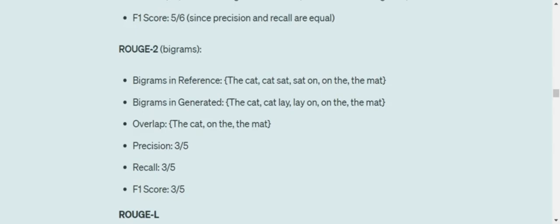We have three matching: the cat, on the, the mat. Hence, precision is 3 upon 5, recall is 3 upon 5, F1 is 3 upon 5. 5 is the total number of bigrams generated from the generated text, while in the case of recall, the denominator is the total number of bigrams in the reference text. Do remember this.